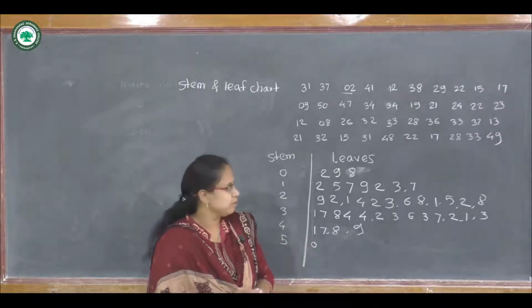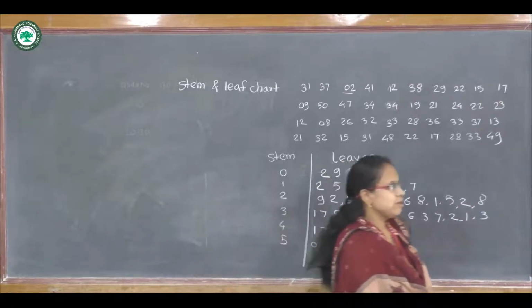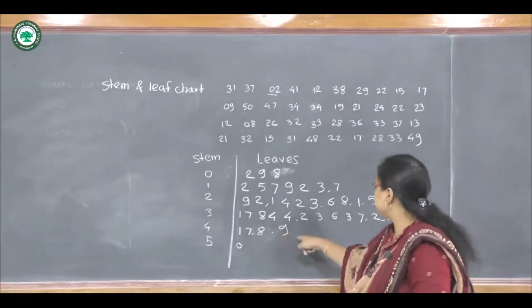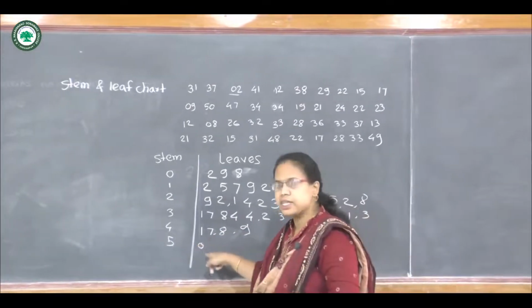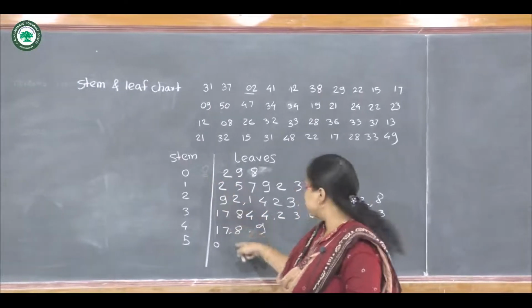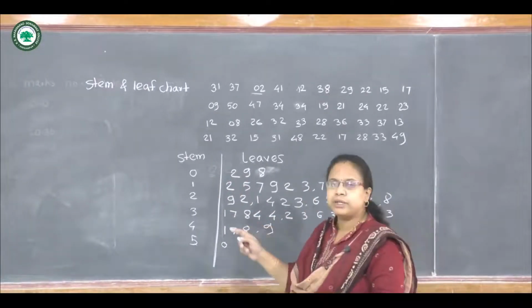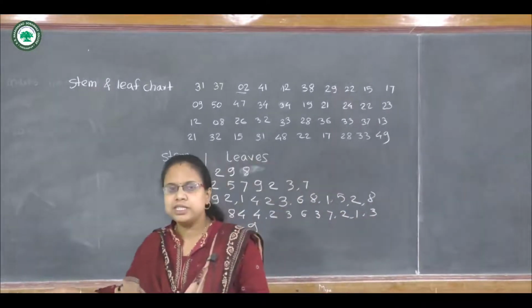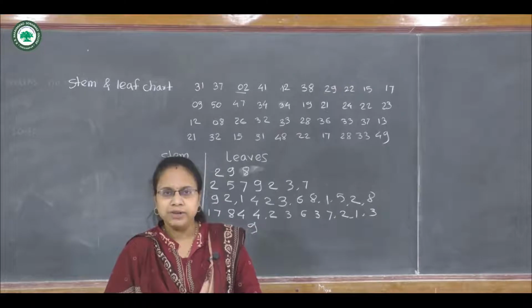Here we can observe that 50 is the highest number and the lowest number is 2 in this data, and the stem 3 has the most leaves. This can be observed from the given data.